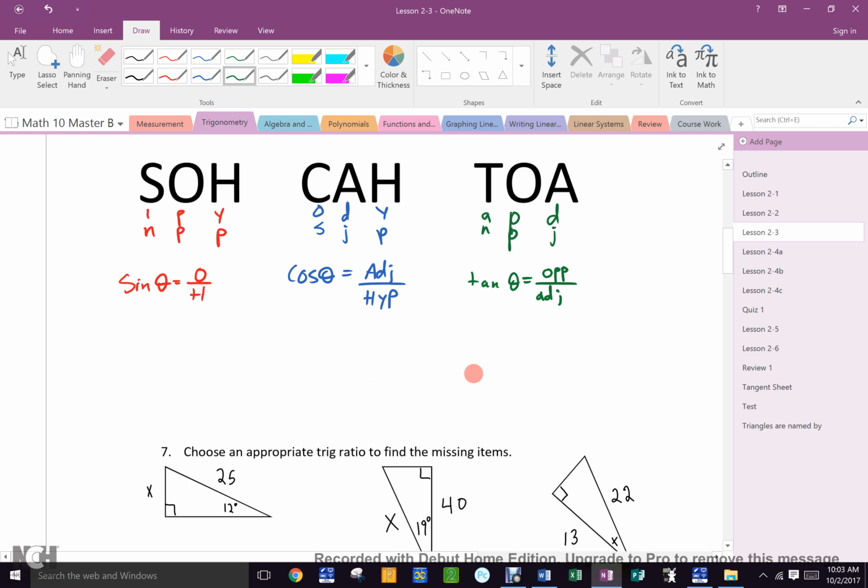Now you should have some blank space here, yes, unless you wrote gigantically. Everybody on the left, draw a triangle. Label it thusly.